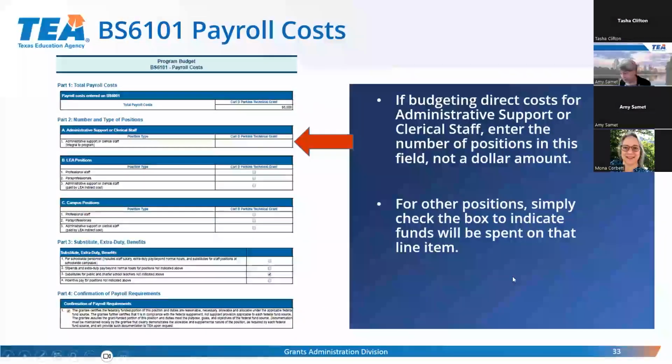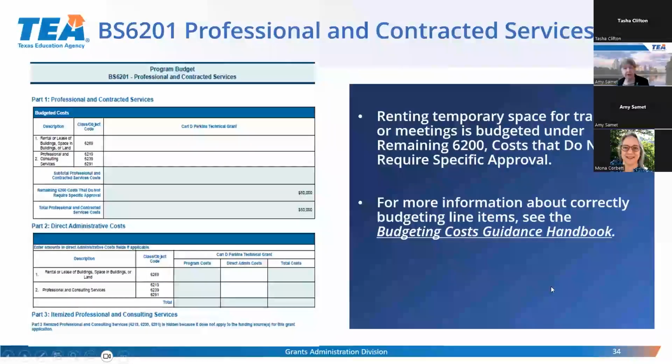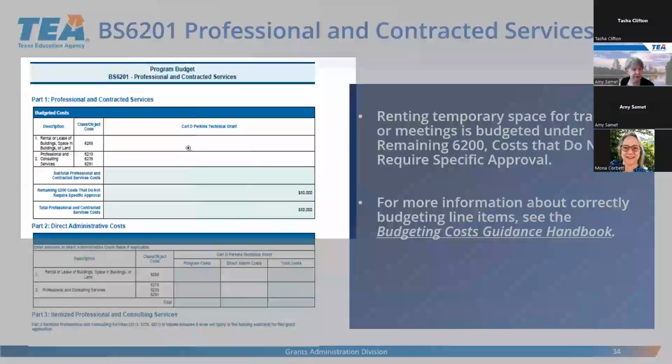Going to the next supporting budget schedule. This is the BS 6201, professional and contracted services. We're going to look at part 1 and part 2. Part 1 is the top, part 2 is the bottom part, and I will magnify that just a little.